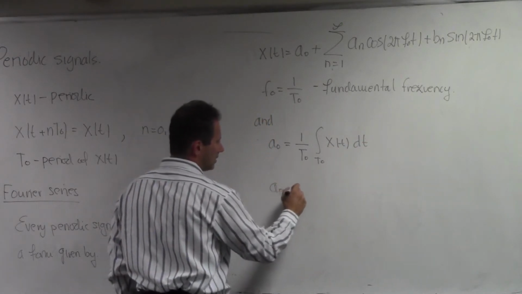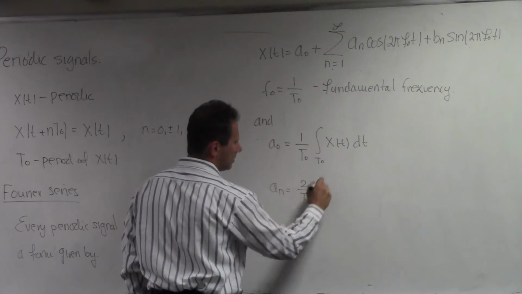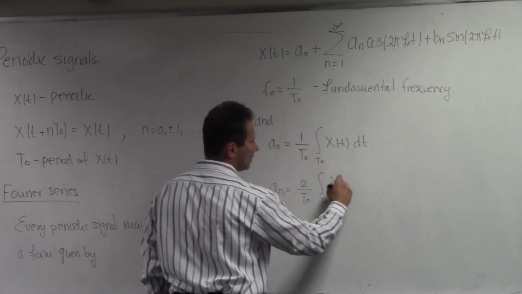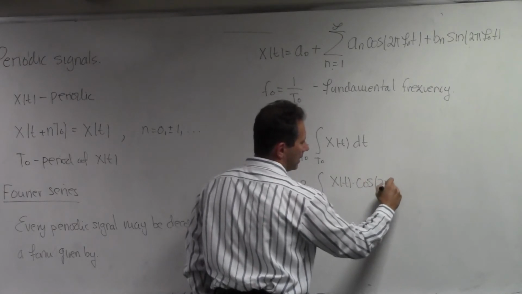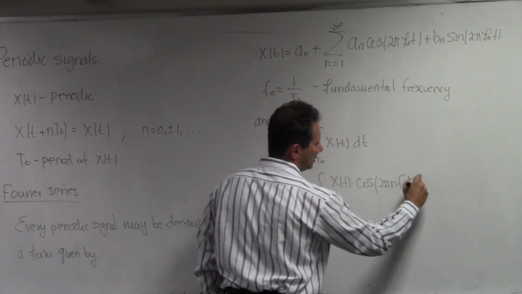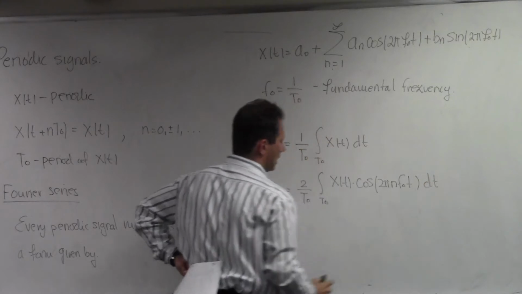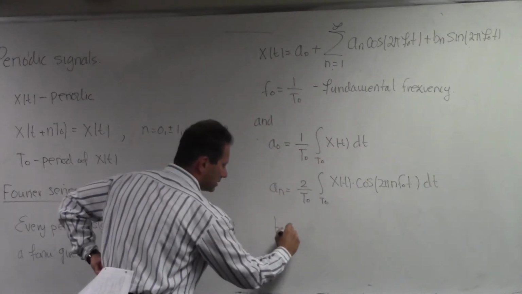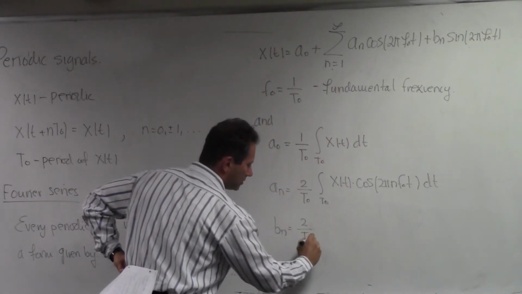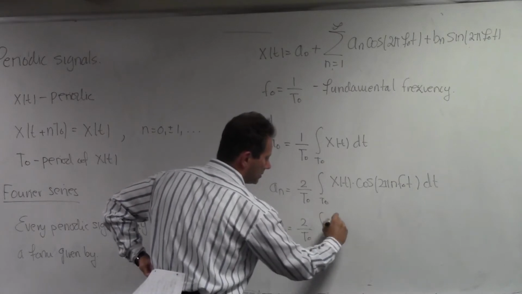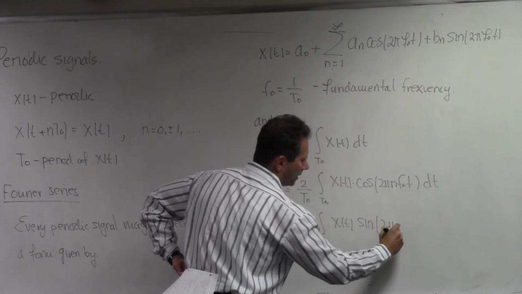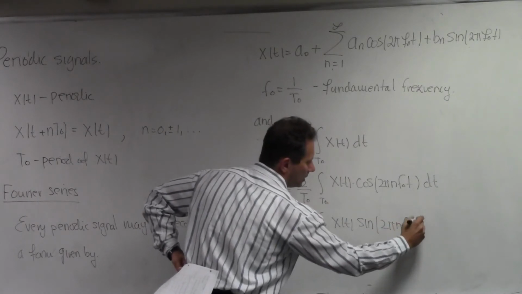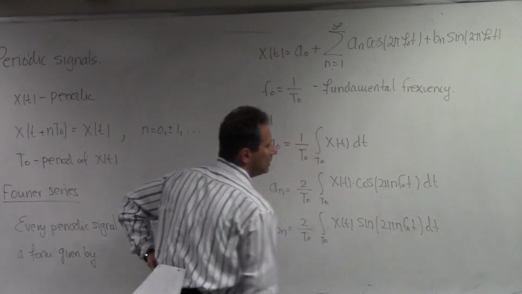An is calculated as 2 over t0 integral over t0 of x of t times cosine 2 pi f0 t dt. And this coefficient bn is calculated as 2 over t0 integral over t0 of x of t sine 2 pi f0 t dt.